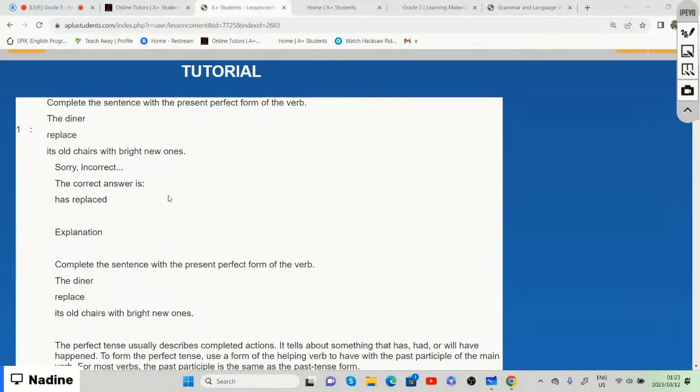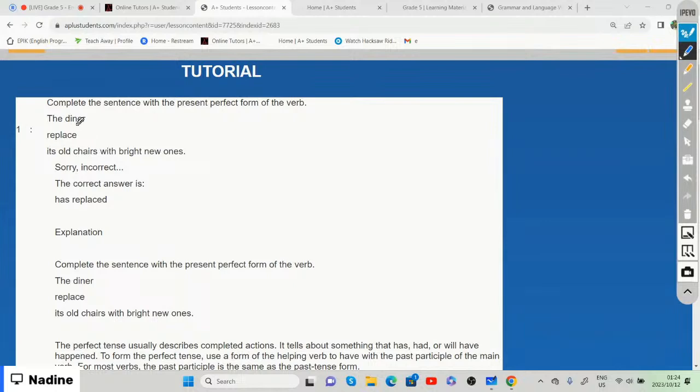The present means now. The diner replaced its old chairs with bright new ones. I think I need to rewrite this one so it can be clearer to see. And that is diner, not dinner.